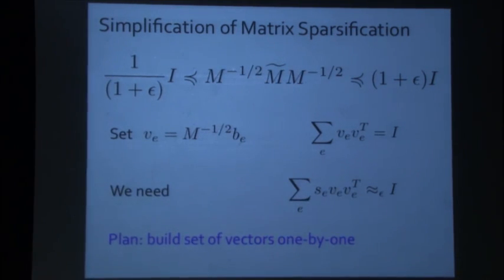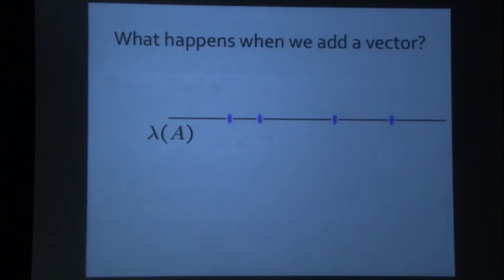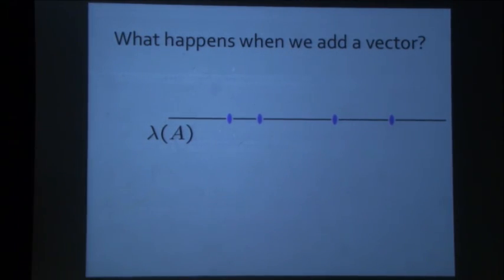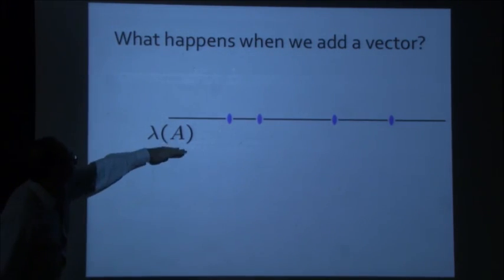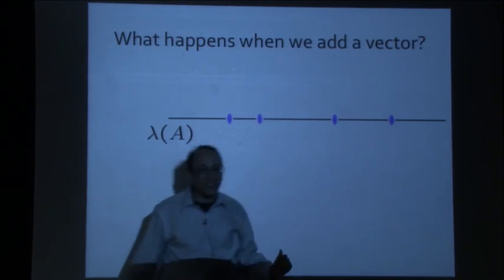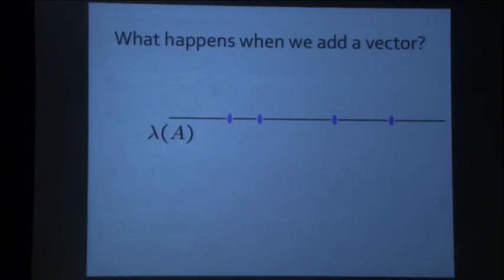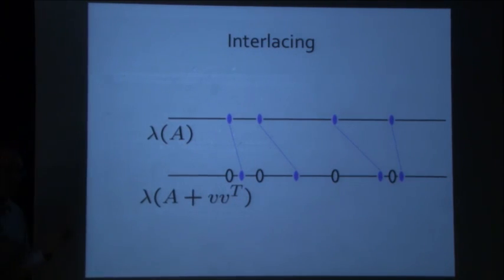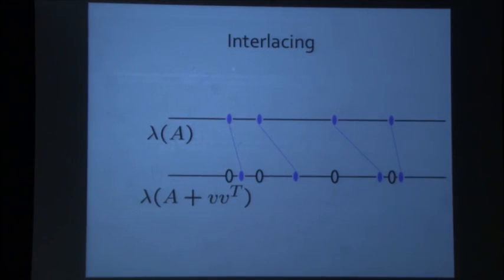To do this, we need to understand what happens to eigenvalues of matrices when we add a vector. So let's understand this pictorially. Let's say I start out with a symmetric matrix A, and here I'm going to draw the real line, and imagine these are its eigenvalues. Now what happens when I add the outer product of a vector with itself to A? It's a phenomenon many of us know called interlacing.